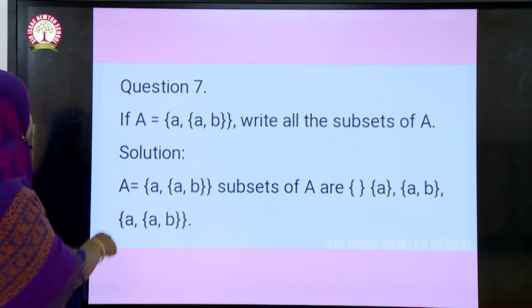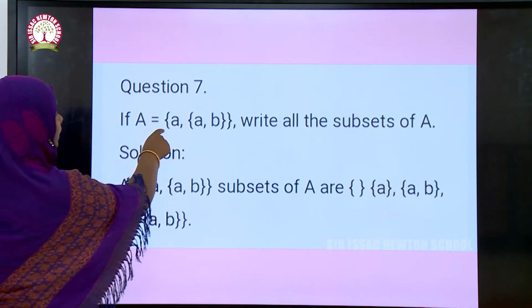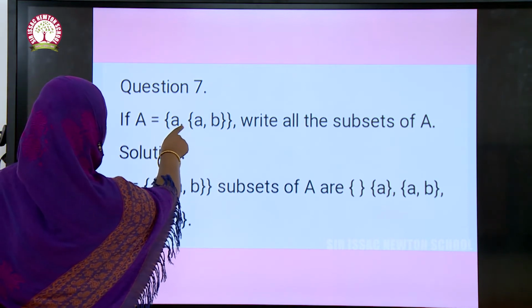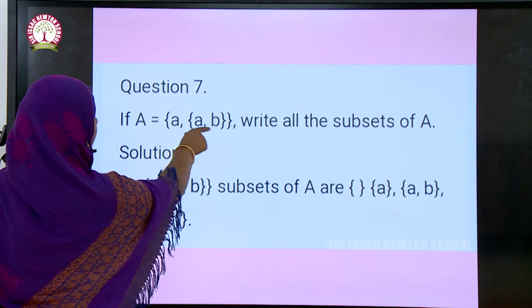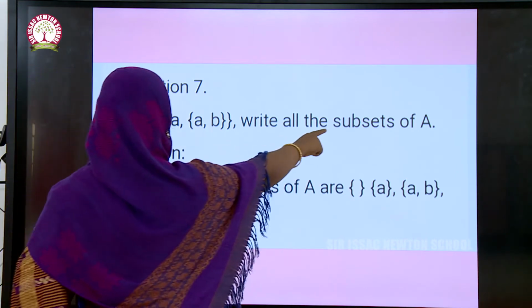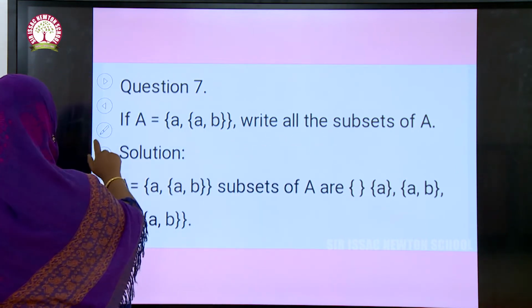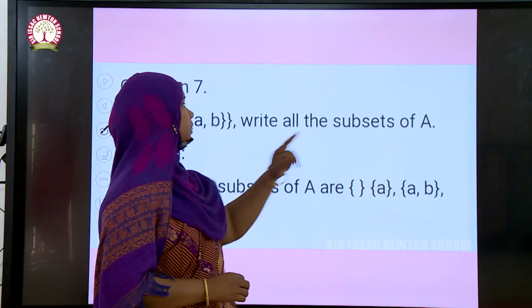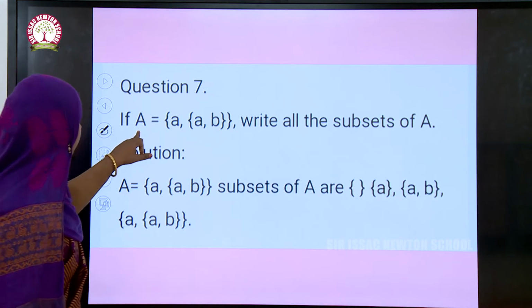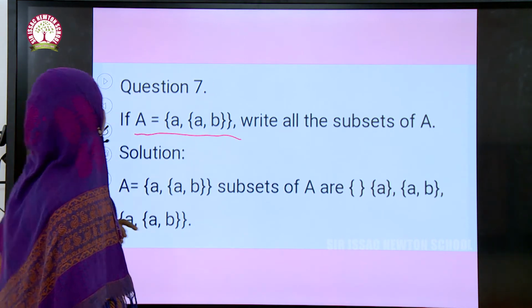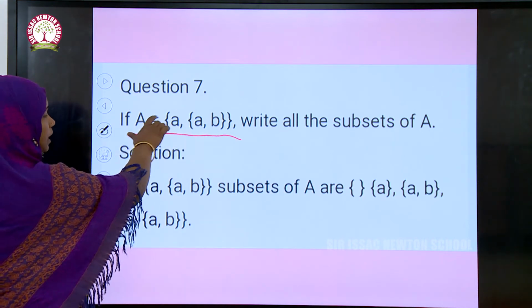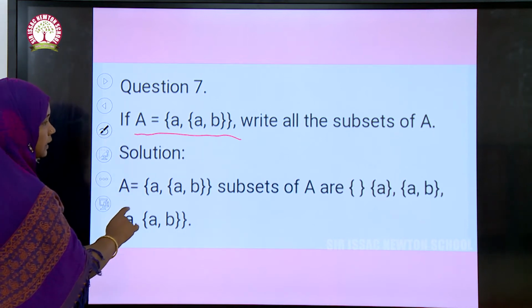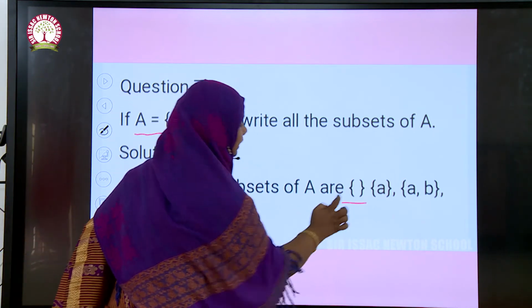Question number 7. If A is equal to the set which has the elements a and a comma b, write all the subsets of A. See, now we are going to write what are the possible subsets of the set A. So, look at the set A. The first procedure to write the subsets is that the first set should be a null set.